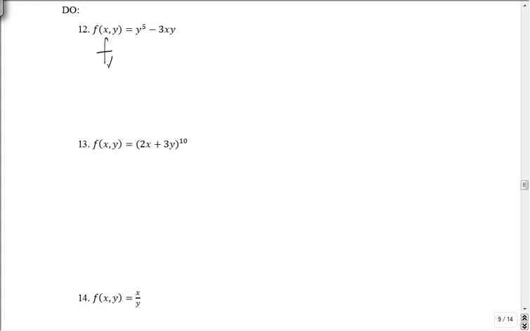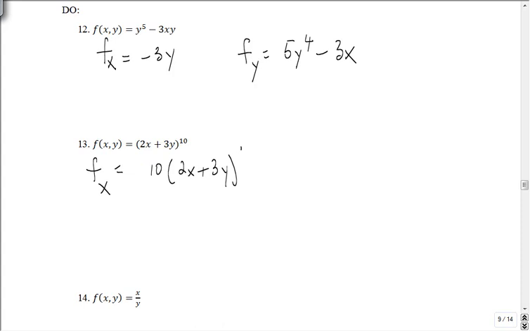One person, number 12, give me the partial with respect to x, please. Negative 3y. Somebody else give it to me with respect to y. Very good. Number 13, one person give me the partial with respect to x, please, and give me the work, because it's a chain rule here. Very good. Somebody else give me the partial with respect to y.